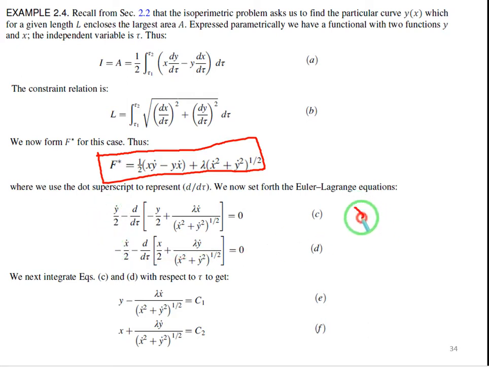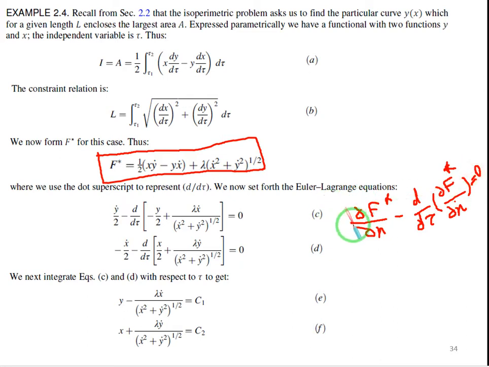We can say that the partial derivative of f star with respect to x minus d over d tau of the partial derivative of f star with respect to x dot is 0.